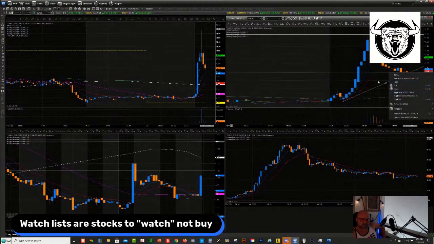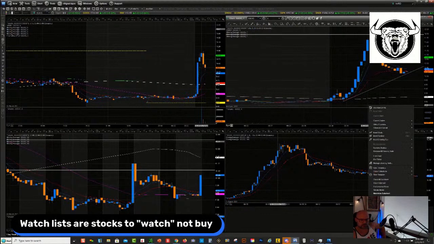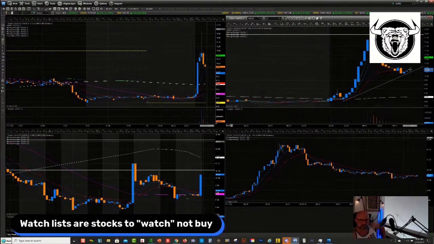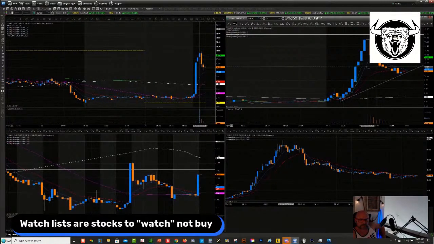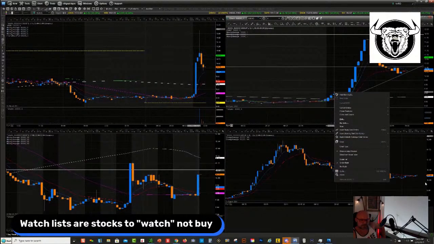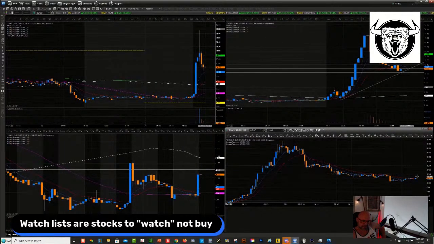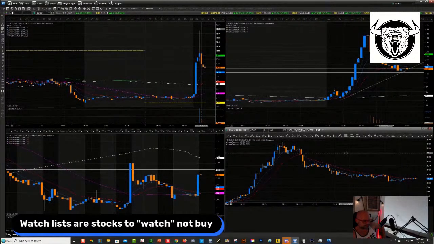See if it can hold this area here, angular support, get above that 9 EMA, and then you have some resistance right up over at the 10.50-ish level. So I'd like to see right here, get a crossover on a 10-second, and then see if this thing can move up.